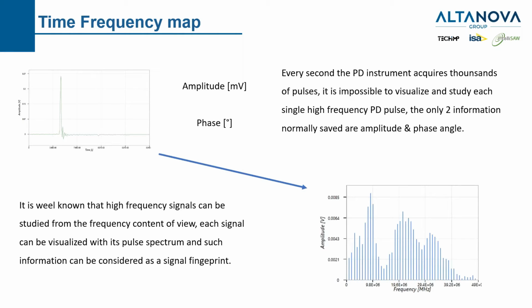We can have, for example, the frequency spectrum. The Techimp technology has the characteristic to extract from the PD pulse not just the amplitude of the pulse, but also two numbers of equivalent time length and equivalent frequency. Those are statistical parameters that can be used to manage the data in a different way.